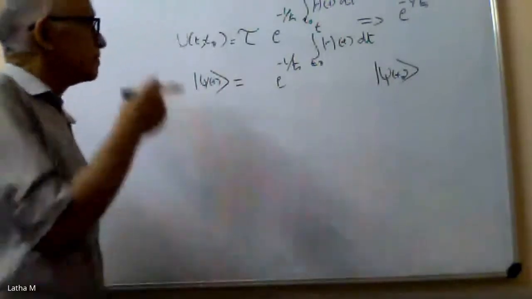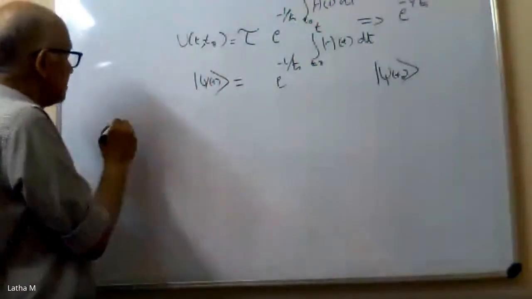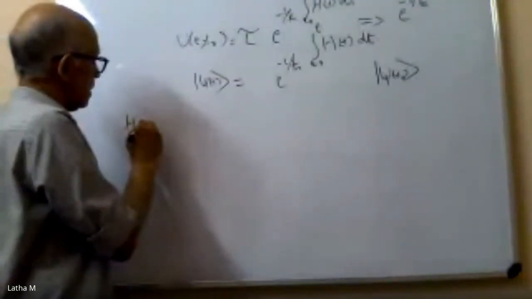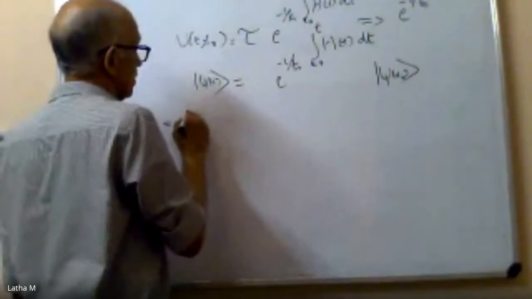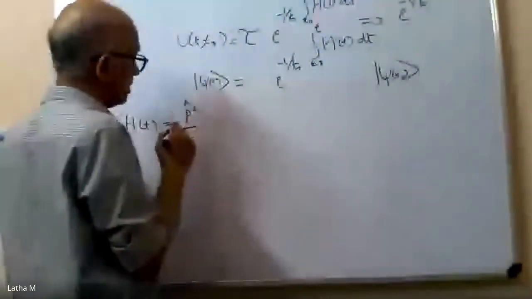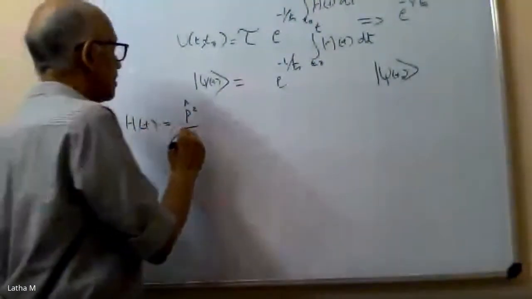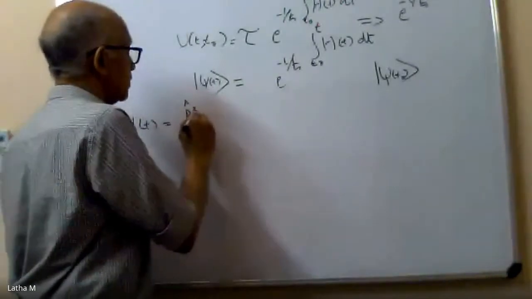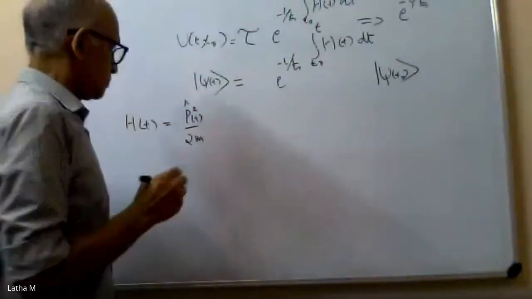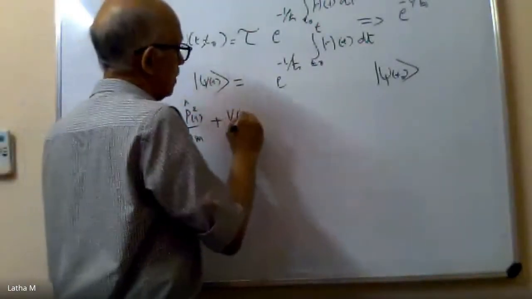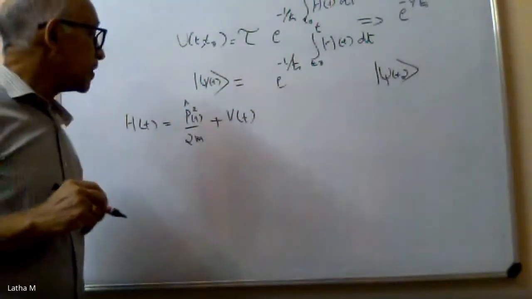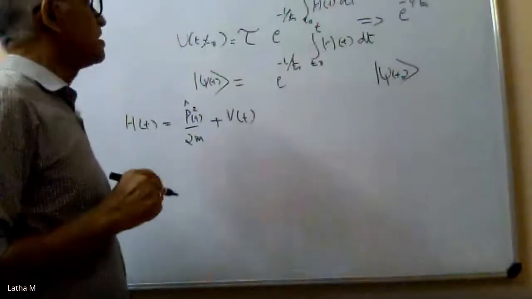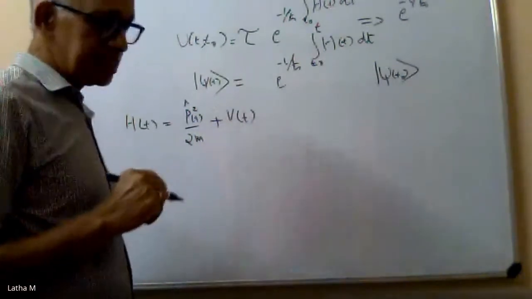Now let us consider here H(t). We can write the Hamiltonian as H(t) equal to P square by 2m plus V(t). Of course, P is an operator. Now let us consider the case in which this V(t) is 0.